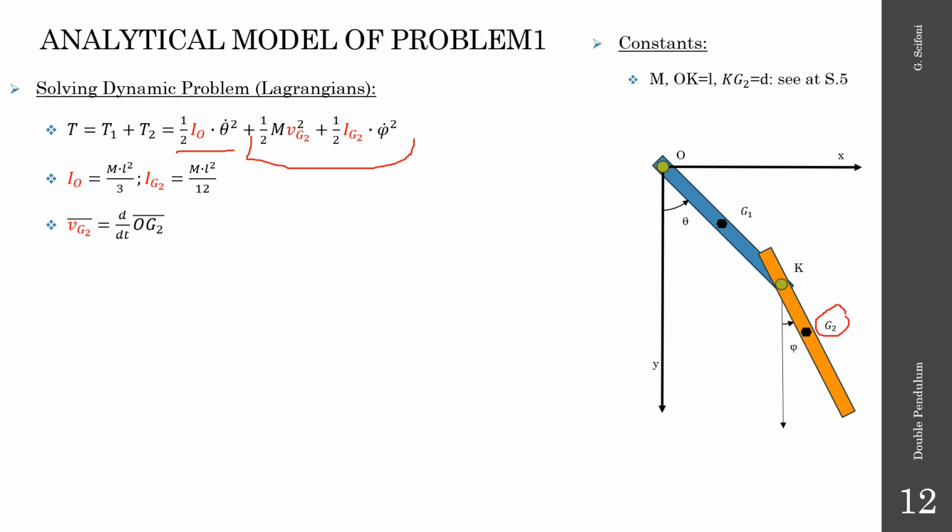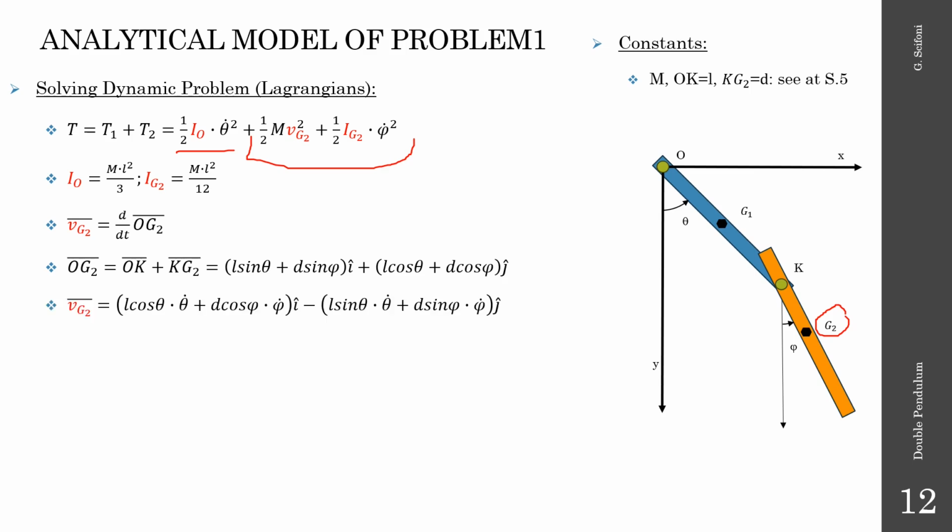How to determine Vg? By definition, the speed is the derivative of the position, and the position is a vector. The vector OG2 we can write as sum of OK and KG2. Replacing the values as function of theta and phi and using the versors i and j of the coordinate axes x and y respectively, we find the expression at the right side.